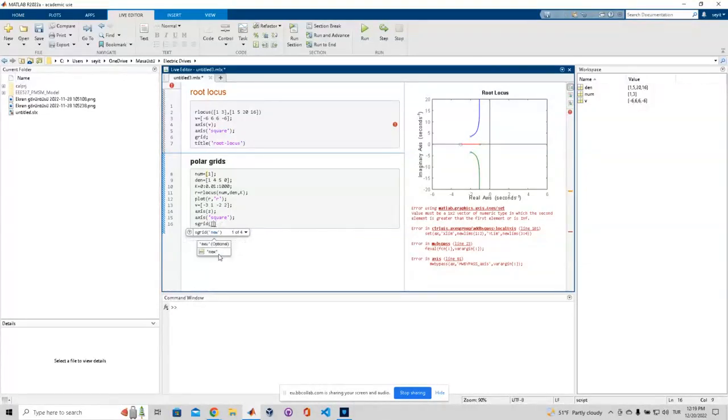So for that, you're gonna define your system again. So for the polar grid, you write the S grid function and you define your function inside.